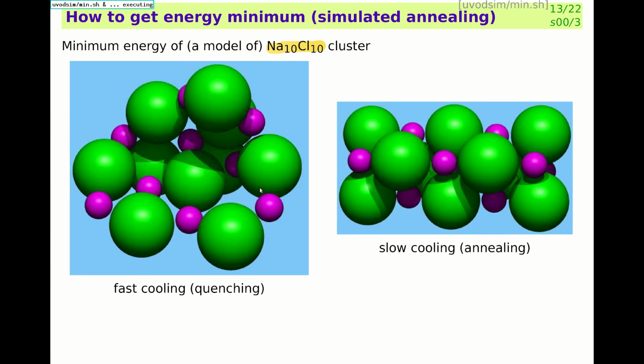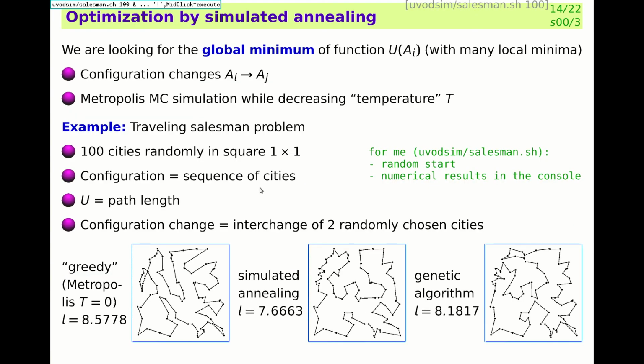Okay, this is a simple chemical example, but we often need to minimize many things in, for example, economy and so on, in logistics.